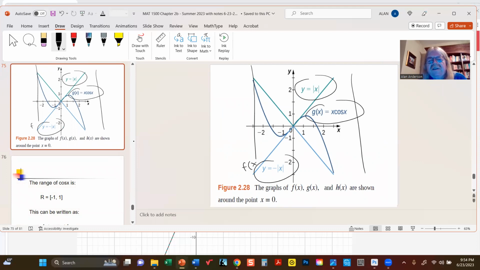Okay, so I guess they shouldn't have done it this way. This is what we meant by f of x. This one is h of x. Remember, the point of this is that g of x is bounded between the other two, at least within that interval. So here's the point of interest, 0. What they're essentially saying here is that all three limits have to be the same.